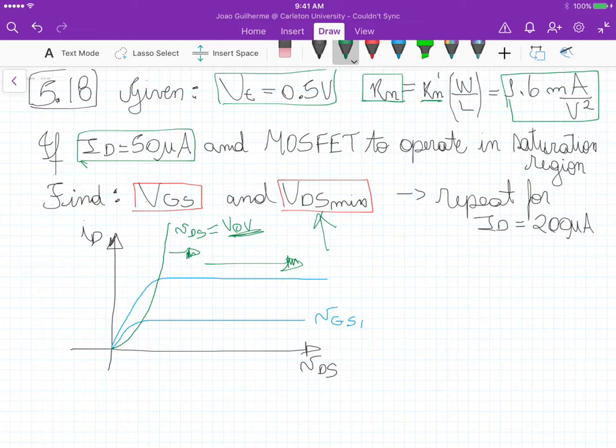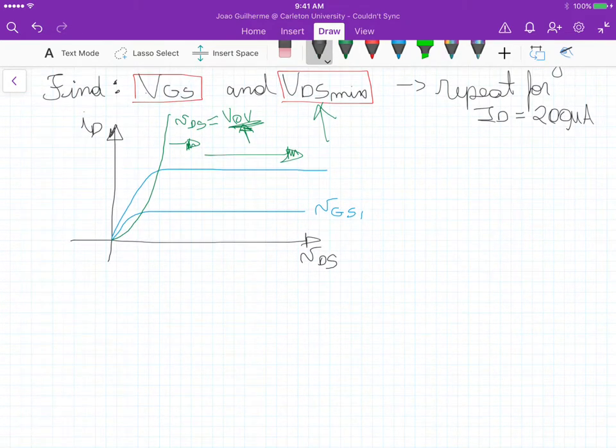So we need to calculate the overdrive voltage that we need, and basically the answer for VDS minimum would be the overdrive voltage or something greater than that. And to calculate VGS, we can use the equation for the current in the saturation mode. So we know that the current ID in the saturation mode is 1/2 of the device transconductance times the overdrive voltage squared.